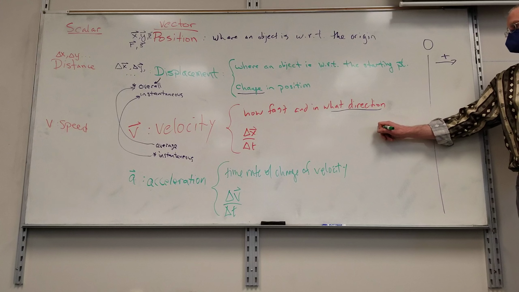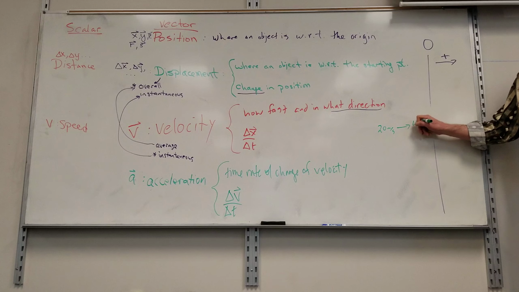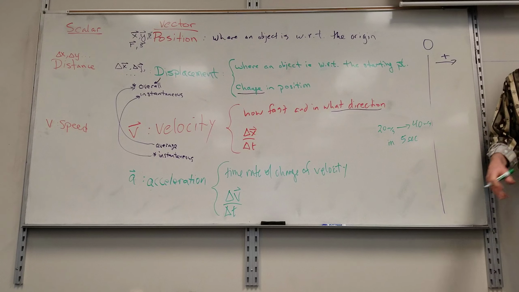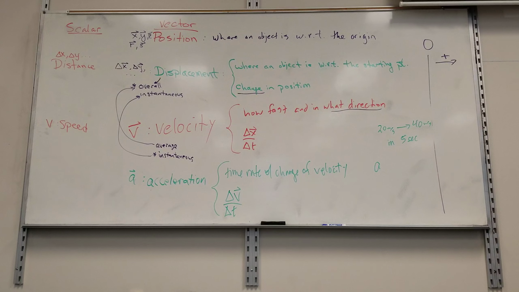So if I go from 20 meters per second to 40 meters per second in 5 seconds, what's my acceleration or average acceleration? It would be 4 meters per second squared. Yes.